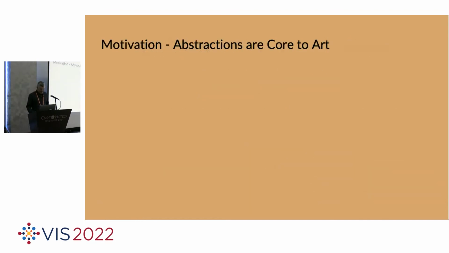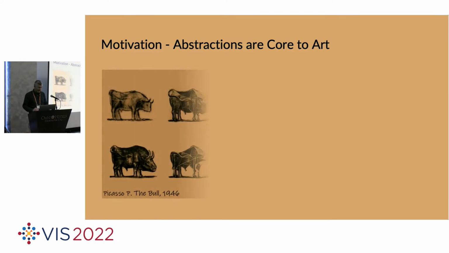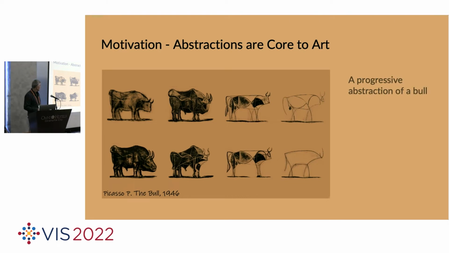So let me start by some motivation and tell you that abstractions, I believe, are core to any art. Whenever an artist wants to create something, either painting or sculpture, she needs to extract only important parts of what she sees in reality. And more specifically, I'm going to give you an example. This is a series of sketches by Picasso.